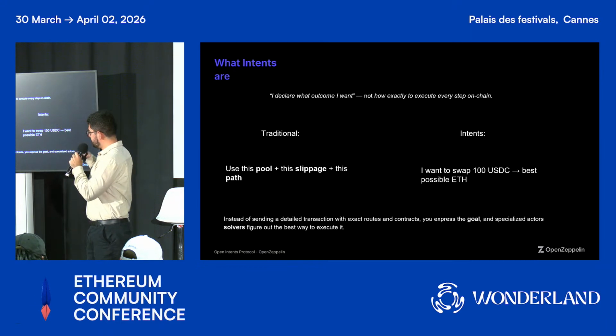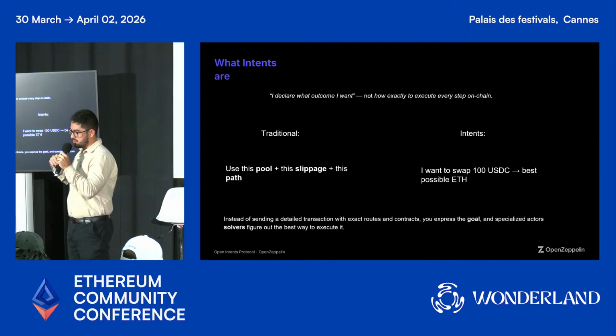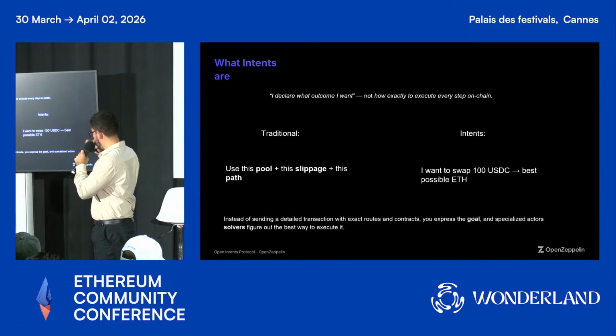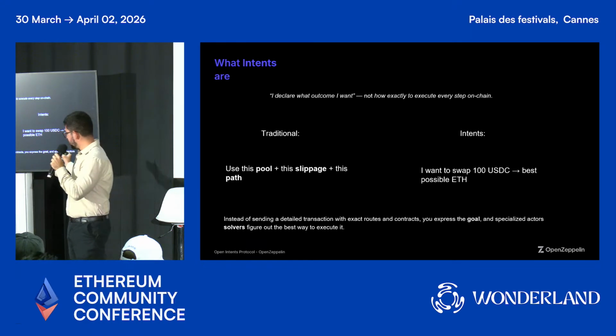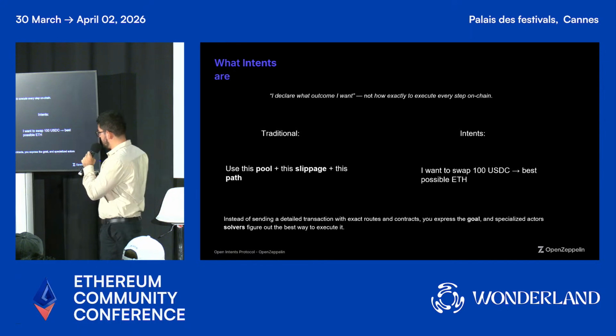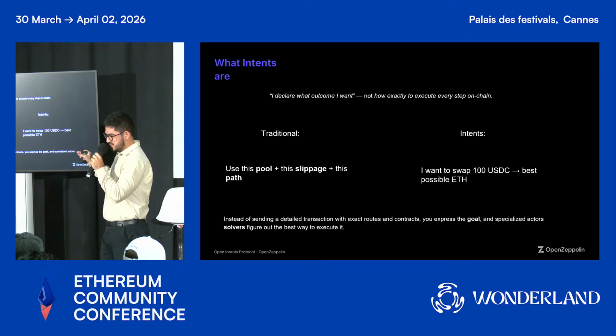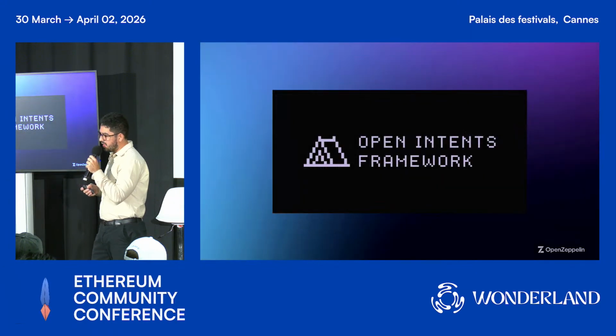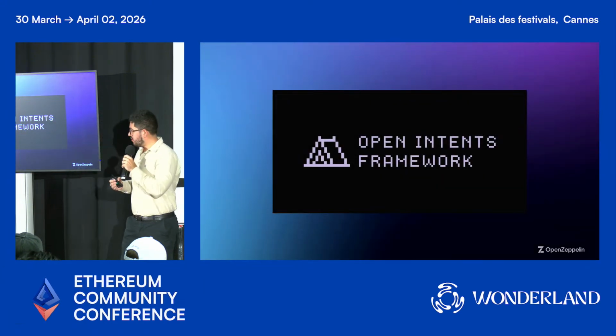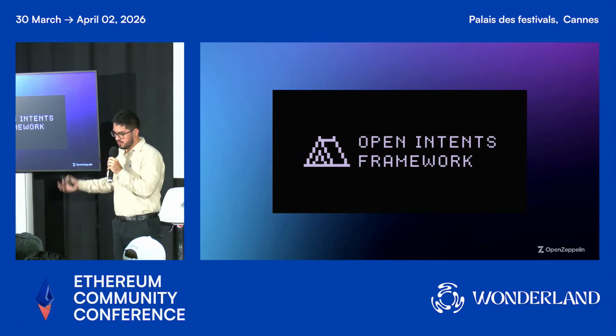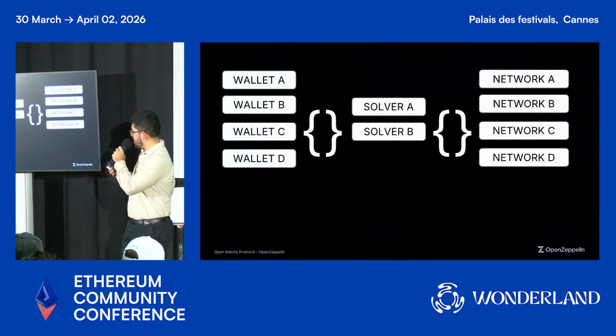And in an intent, it's different. You only express your outcome. Like, I want to swap 100 USDC, please give me the best possible ETH. That's it. It's simply that I express what I want, and that is the center of the Open Intent Framework.